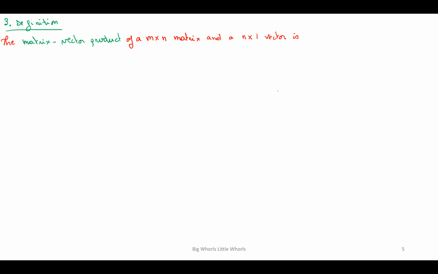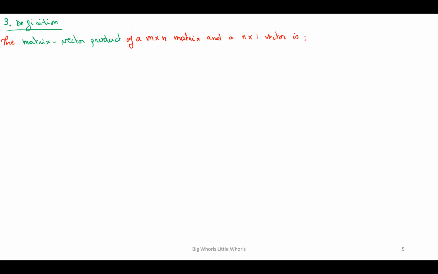So we are saying that the matrix vector product of an m by n matrix and an n by 1 vector is defined as follows.